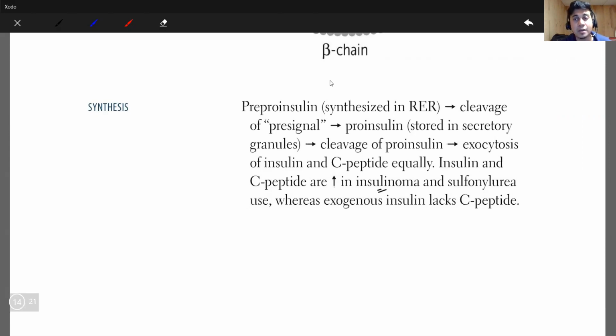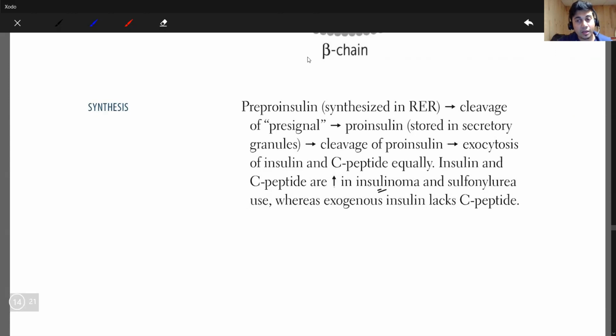And in insulinoma you will also get C-peptide, because the beta cell has this tumorigenic change that leads to huge amount of insulin production, and as we know that insulin is generated along with C-peptide, so both the proinsulin and the C-peptide will be elevated in case of insulinoma.